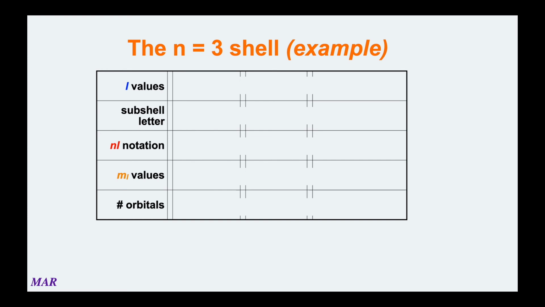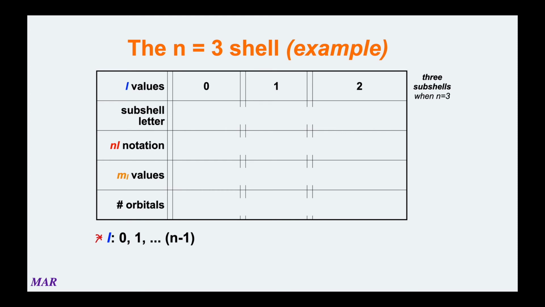So if n equals 3, that means L is going to be 0, 1, and 2. Those are the 3 subshells when n equals 3. And those are going to have a letter associated with them as well.